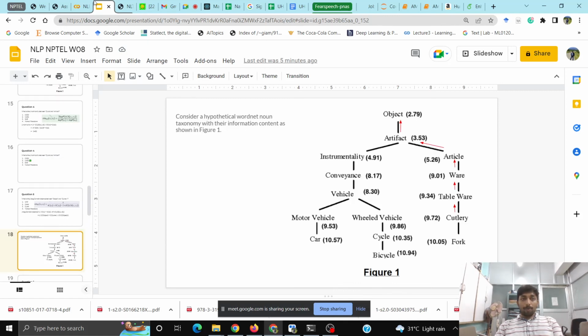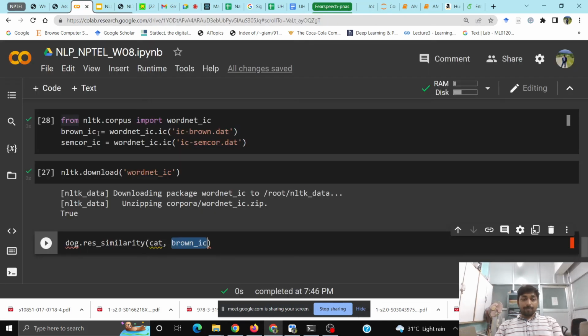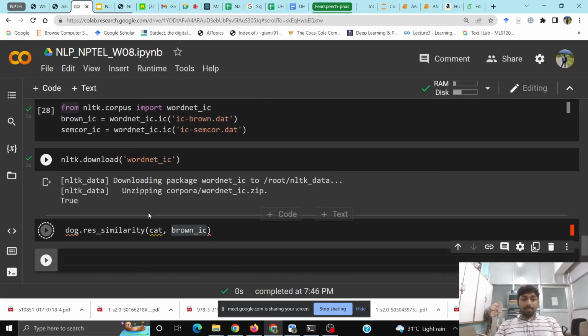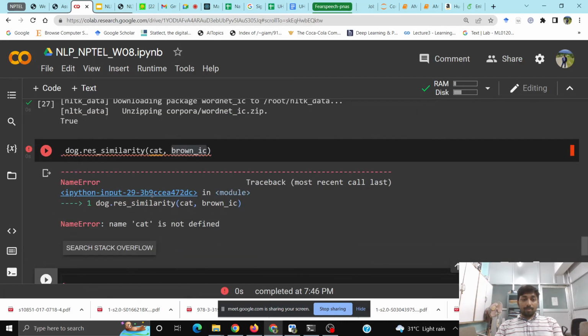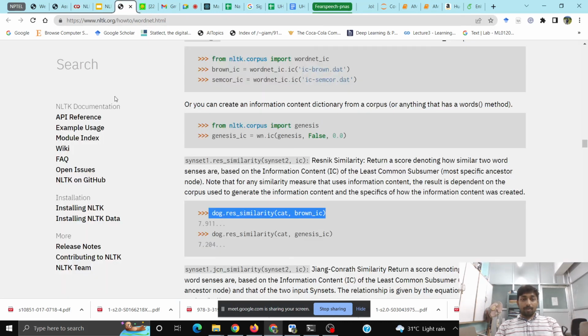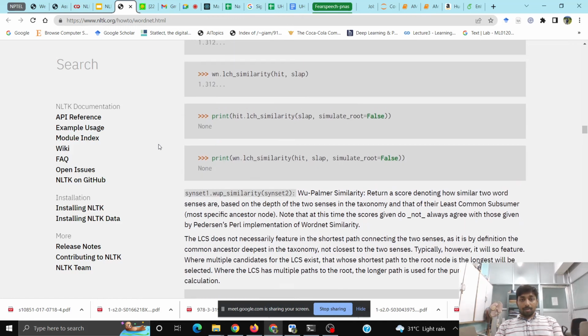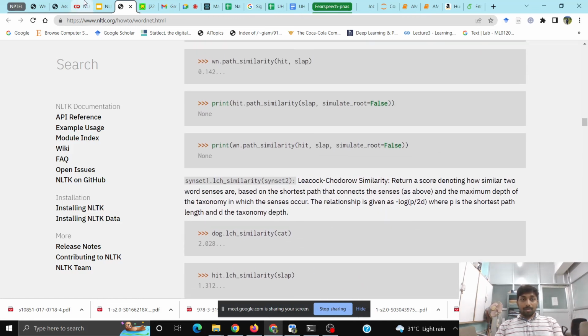This Brown IC is providing these values.